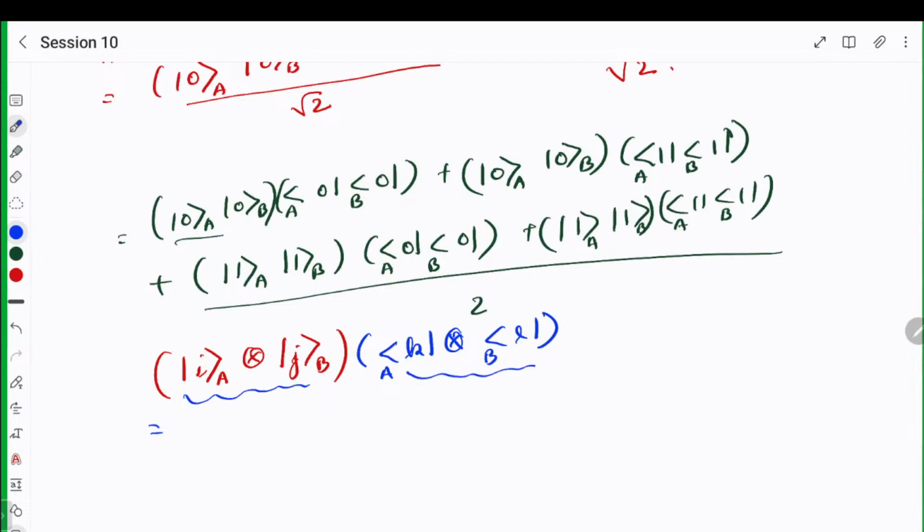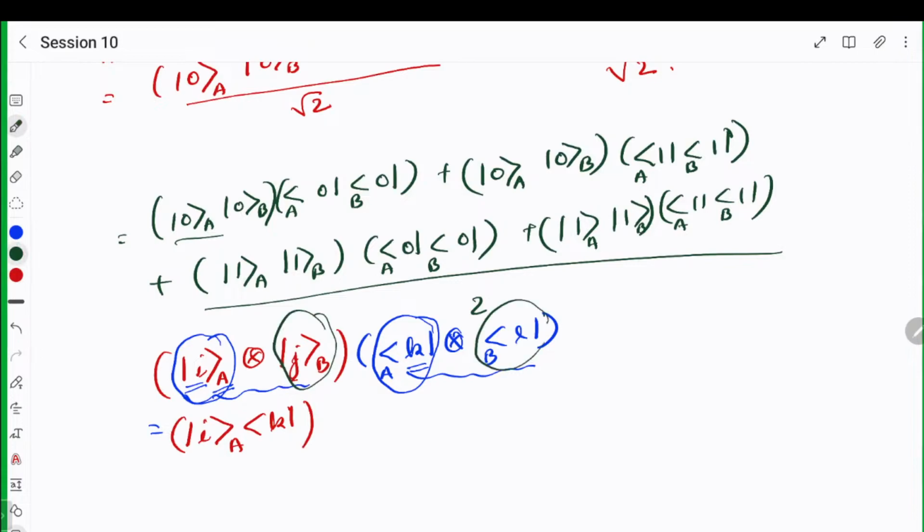In order to calculate this, you can take the outer product of system A first. Corresponding to system A, you have ket i and bra k, so |i⟩⟨k| for A, and for system B it would be |j⟩⟨l|. Okay, this outer product.